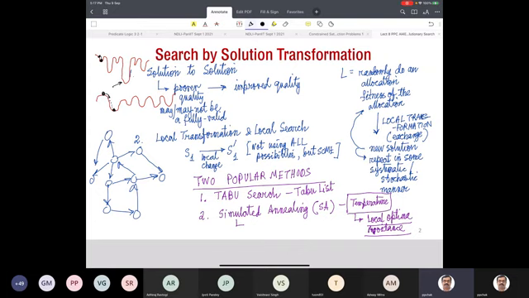Initially it is high, it is quite randomized, and then slowly it quenches and slowly recedes to 0 and becomes local. That way there is a proof that this method eventually leads to the global optimum.